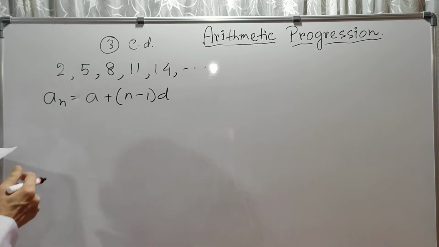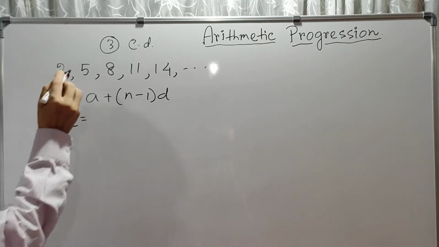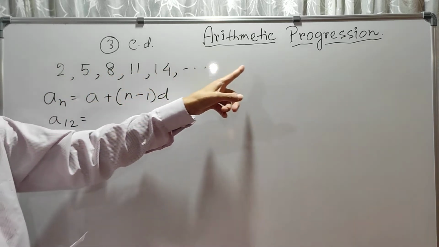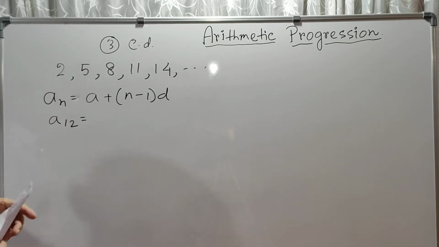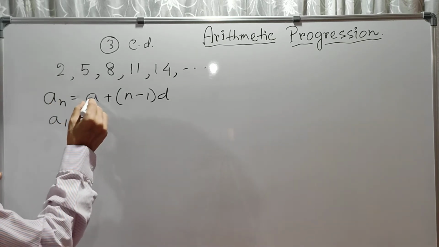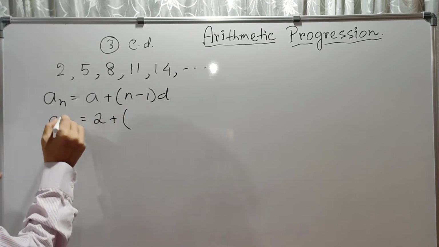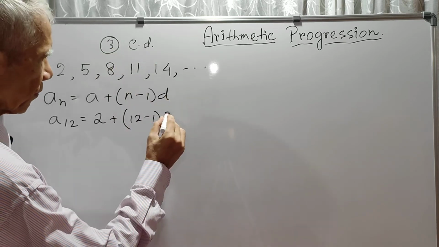Now, suppose we want to find out the 12th term of this AP. First term, second term, third term, fourth term, fifth term, that way. The 12th term symbol is A12. So, using this formula, you will get A means first term 2 plus n is 12, 12 minus 1, D is 3.